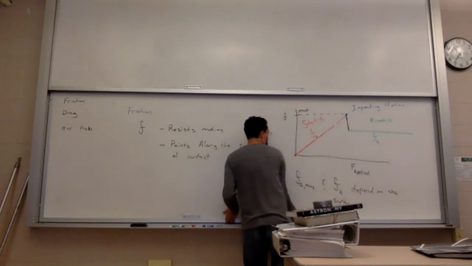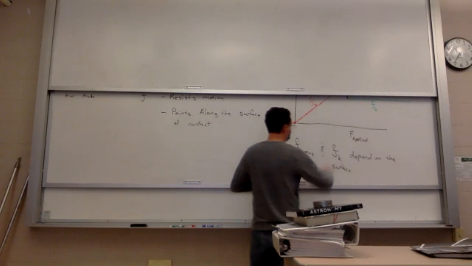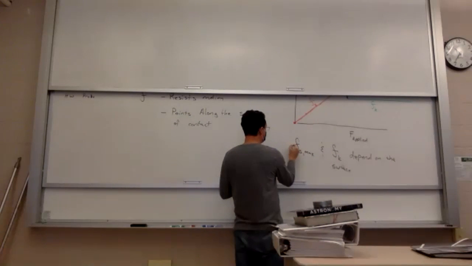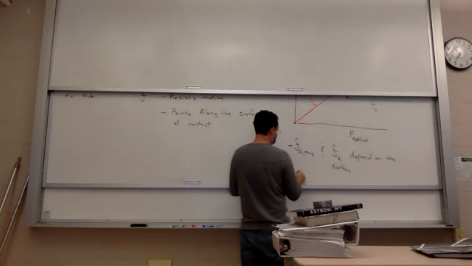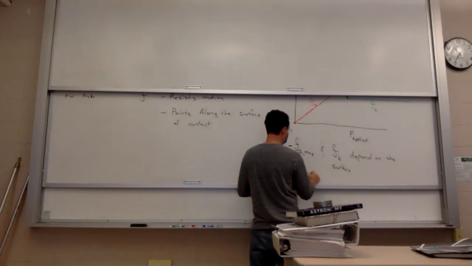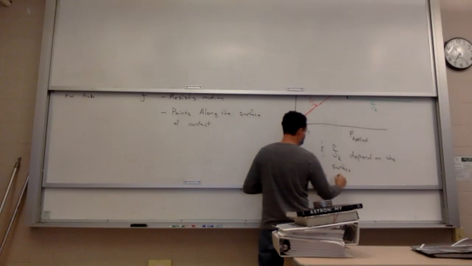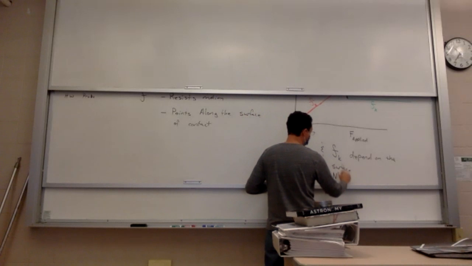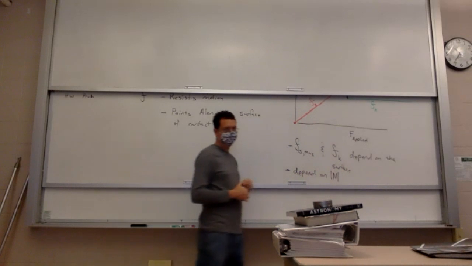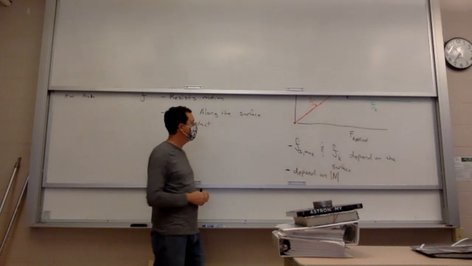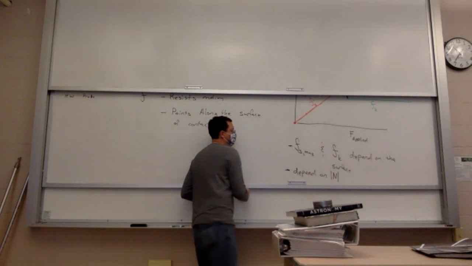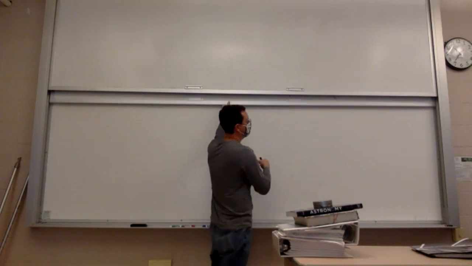So friction depends on the details of the surface and depends on the normal force. And really it's the magnitude of the normal force. Right? It depends on the magnitude of the normal force.